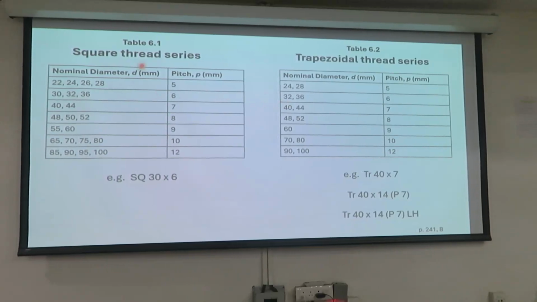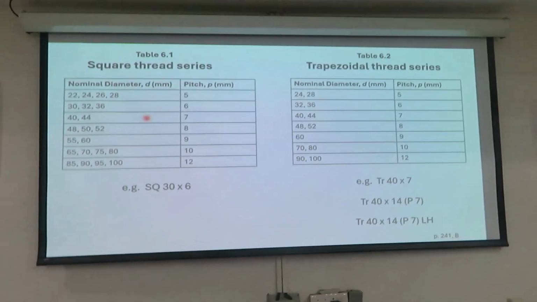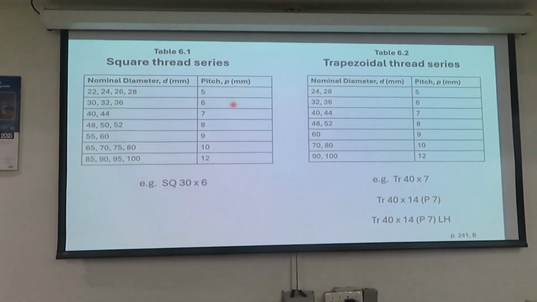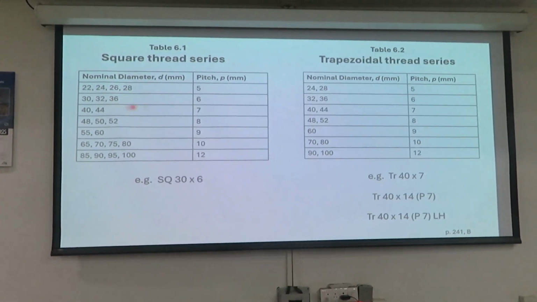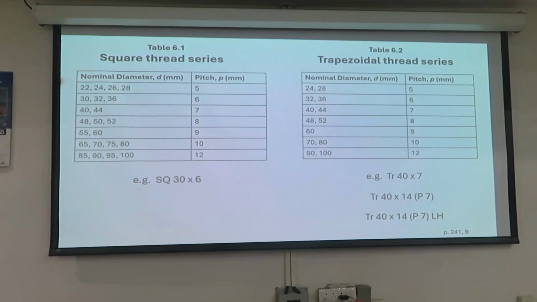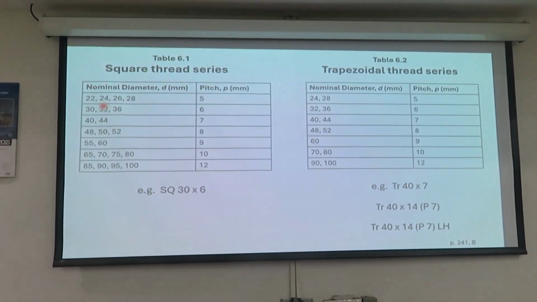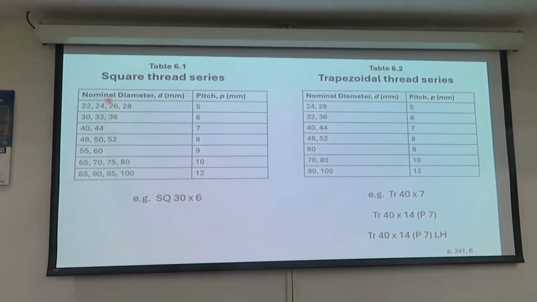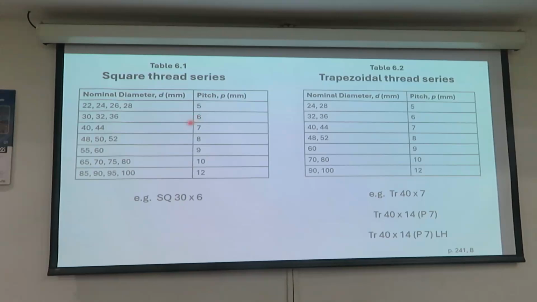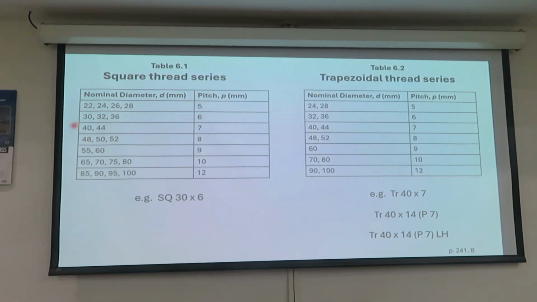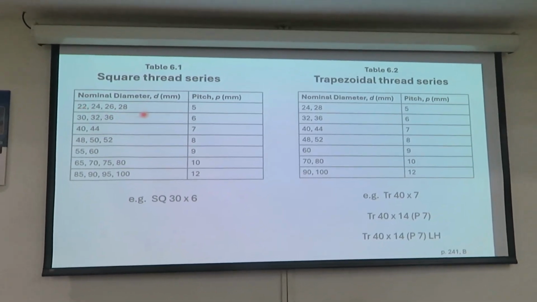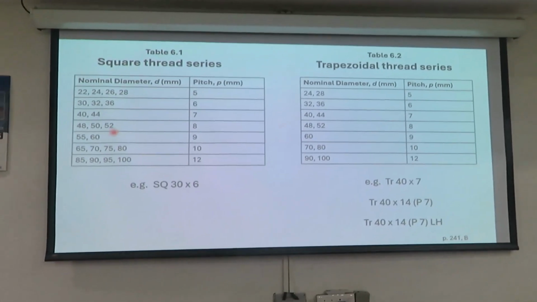These two tables, the square thread table especially, provide you some possible combinations of nominal diameter and pitch. You should select one of these combinations. For example, you can select 24 nominal diameter and 5 pitch. You should not use 24 and 6 or 24 and 7. This proportion has to be maintained, and out of these you can select depending upon your need.